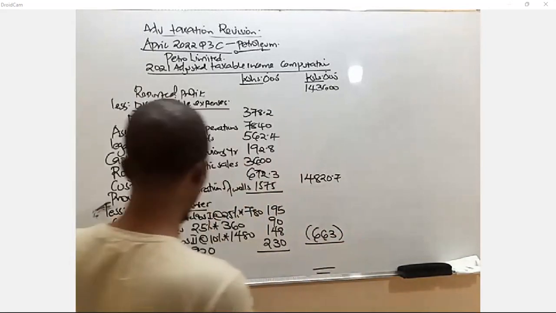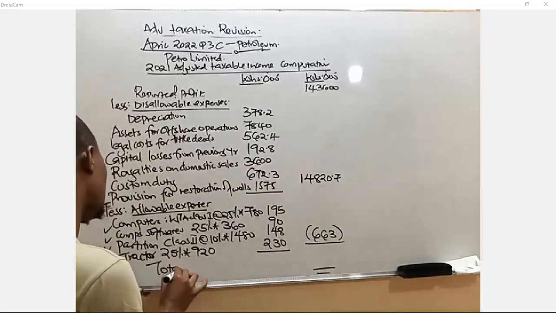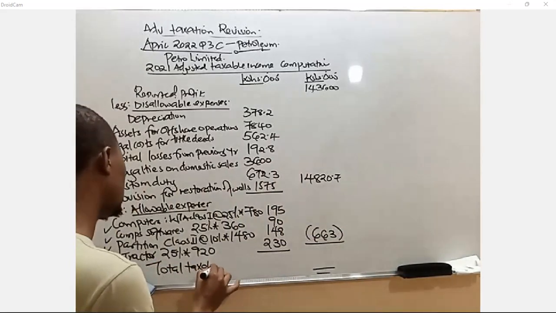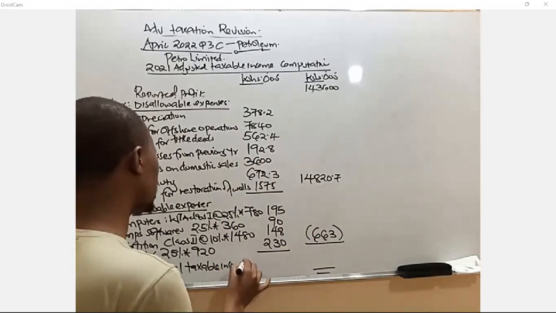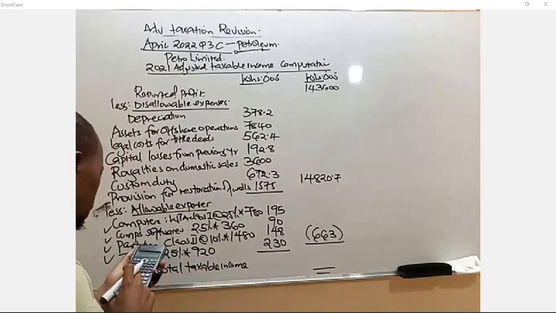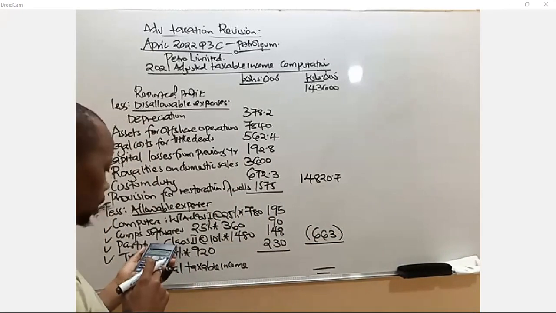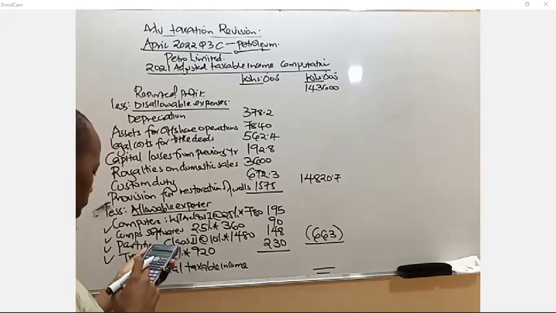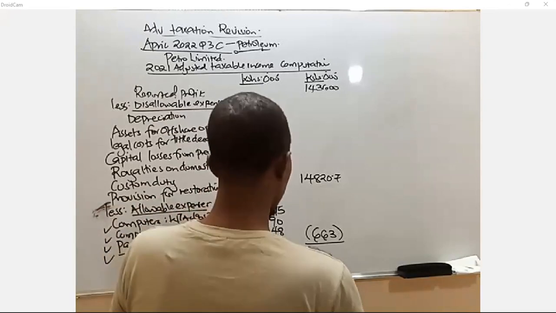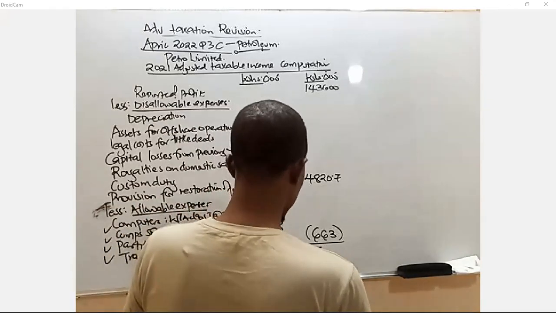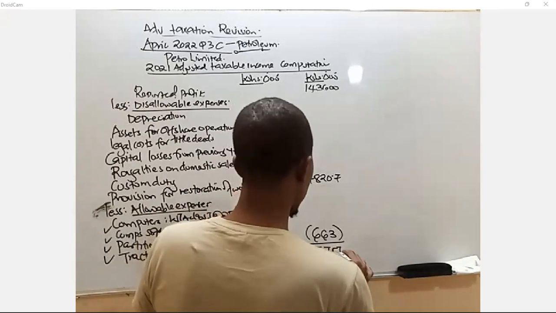What is our total taxable income? So we have 143,600 plus 14,820.7 minus 663, getting around 757.7.